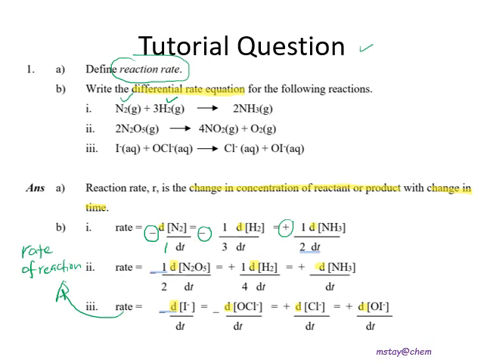So for the second differential rate equation, I think I made a mistake. This is not hydrogen. This one is supposed to refer to NO2 because it is over 4, and this one is over 1, so actually it refers to O2, not ammonia. For question number 3, all the coefficients here are 1, so you will not see any number over here.